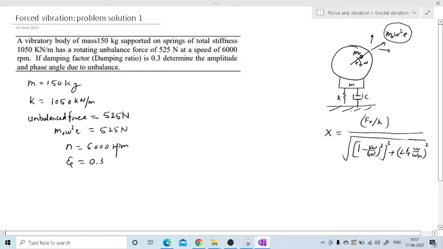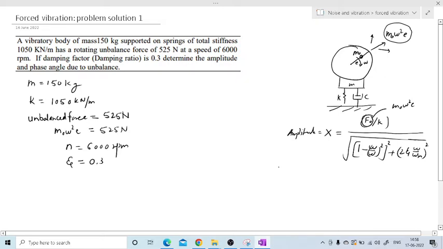Now here, instead of F0, they have given the unbalanced force, and that is m0 omega square e. So this F0 I am going to replace by m0 omega square e. So this formula will become m0 omega square e divided by k, divided by this root. So here we just have to replace the F0 force in the forced vibration amplitude formula. So this is the formula for the amplitude of forced vibration.